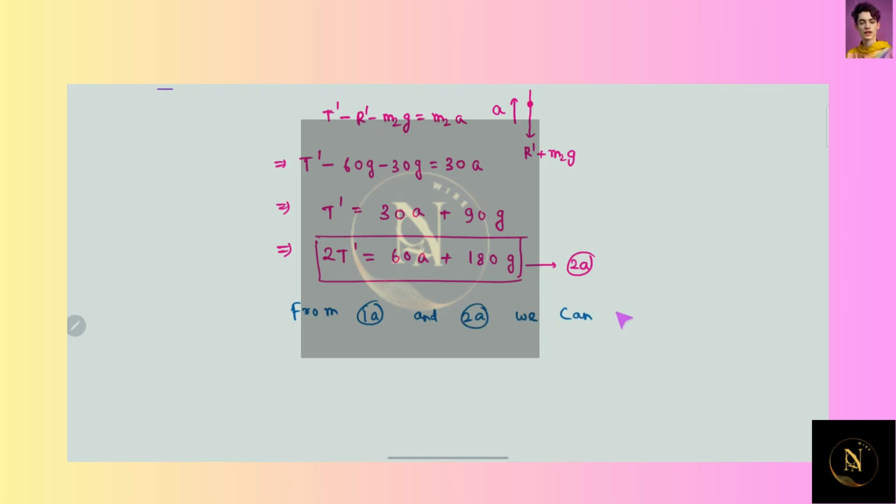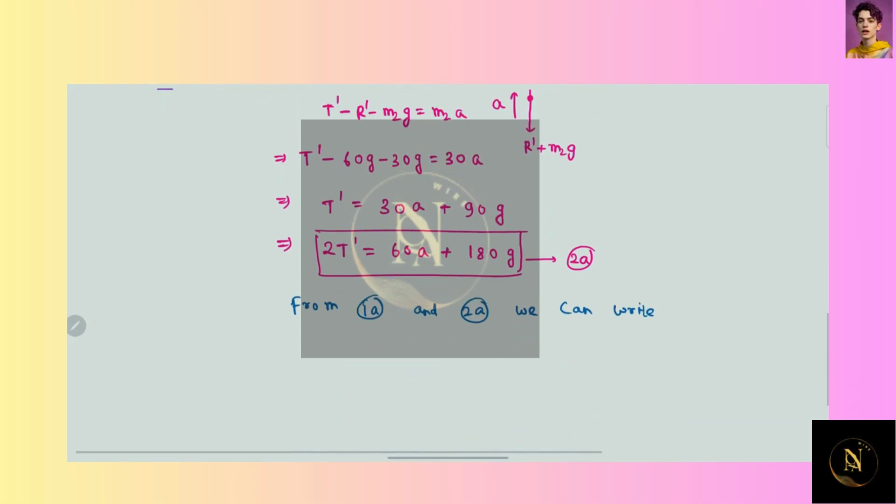So this implies that the new force applied on the string is nothing but 180g.